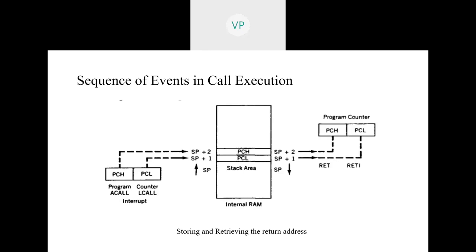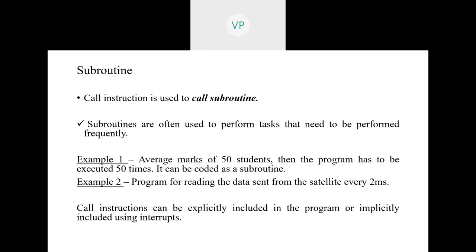And what I said, if you see in this sentence, the call instructions can be explicitly included in the program or implicitly included using interrupts. Whether it is directly called in the program by using a call instruction, or it is implicit: when there is an interrupt request, it is a call instruction.